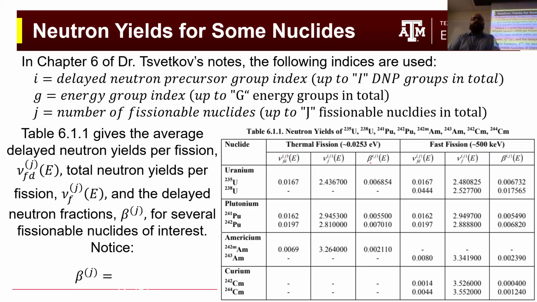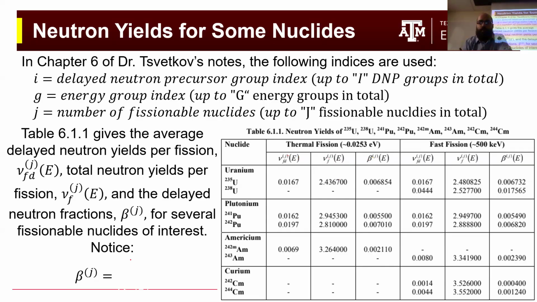Because the delayed neutron fraction is the fraction of neutrons that are born delayed, right? So it's the delayed neutrons over the total. And so if I take the ratio of those two productions, that is going to give me the delayed neutron fraction.